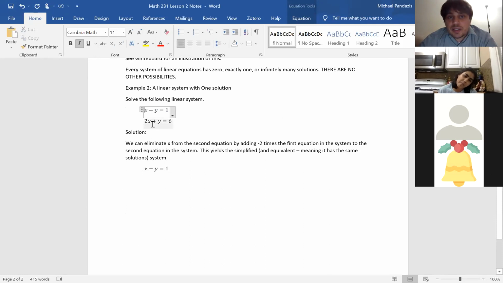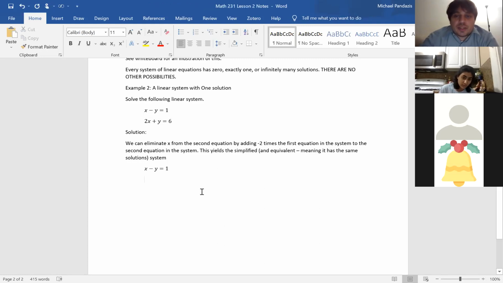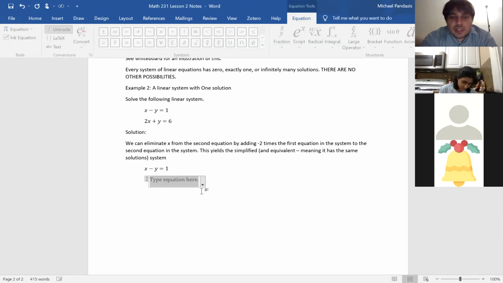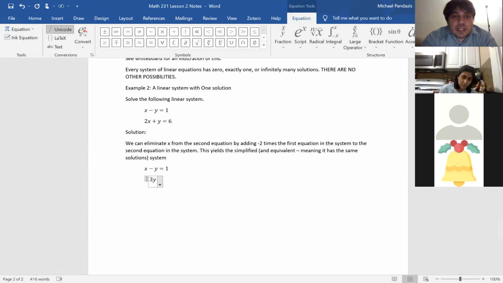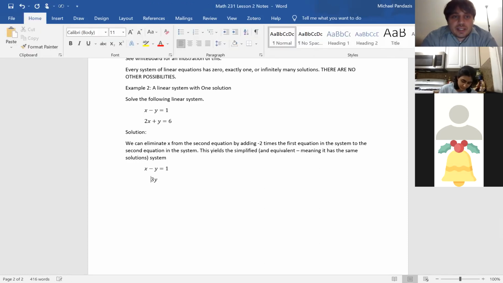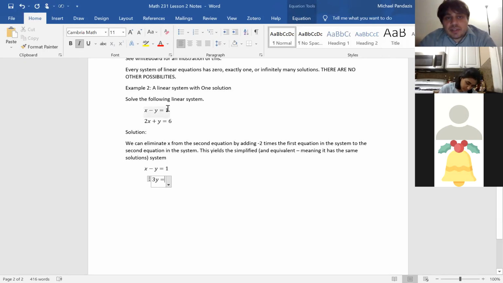Add it to 2x and you get 0x. You have a negative y here. Multiply it by negative 2, you get positive 2y. Add positive 2y to y, and you get 3y. So then you have 3y equals, and now on the right side, negative 2 times 1 is negative 2.